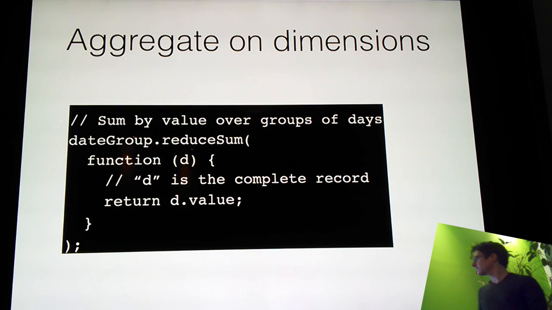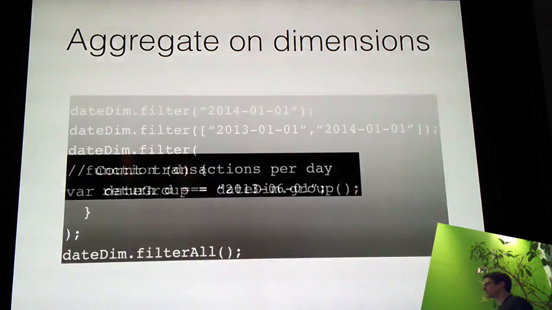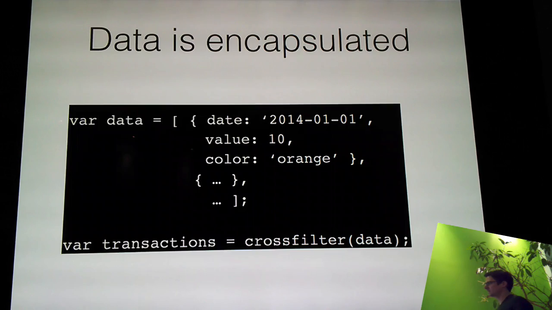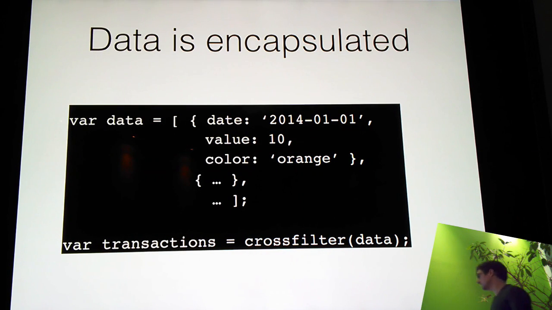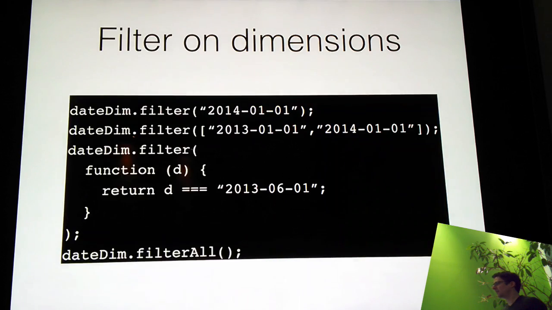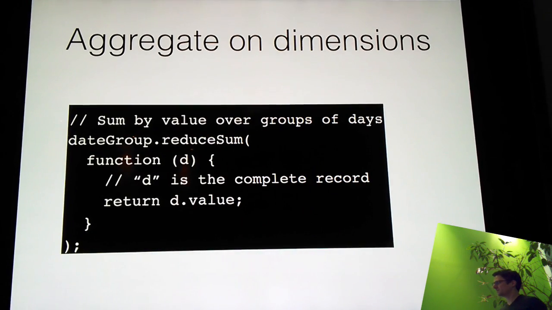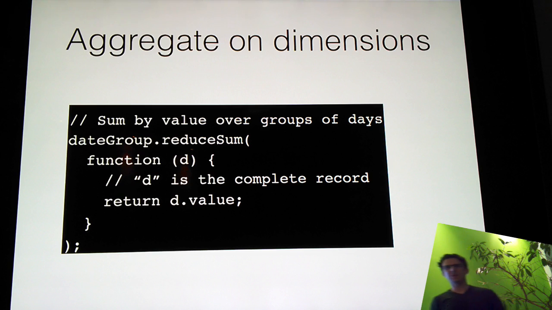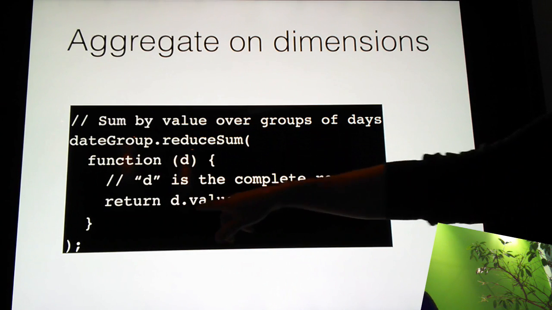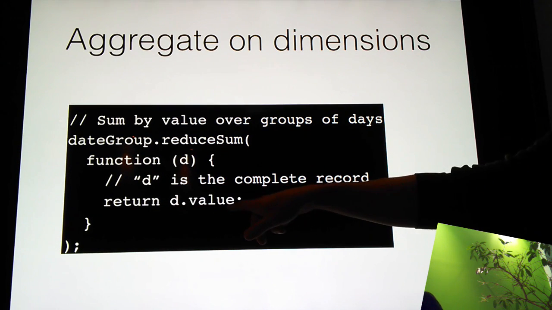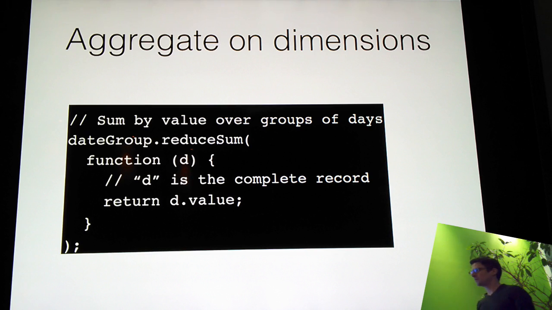So if you remember going back to our original example, each record has a value, in this case 10. And instead of just counting up the transactions, we want to sum up the value of the transactions. So we tell it to reduceSum using the value field. And that will sum up all the values across the date dimensions.